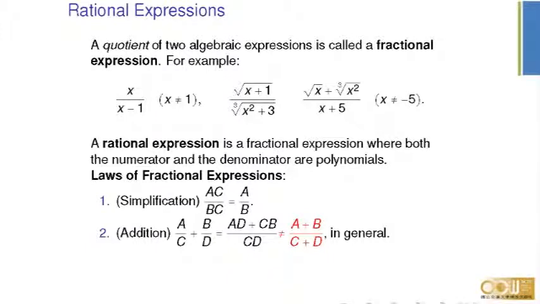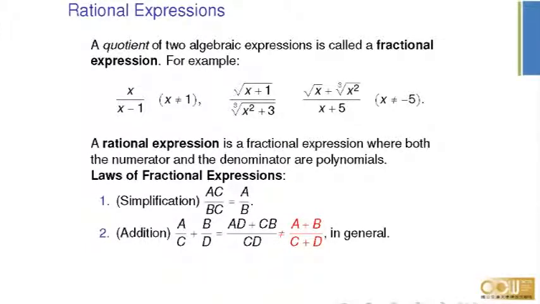We try to add A over C plus B over D. The easiest way is to change the denominator to CD, and for the numerator of the first one, I multiply by D. You see the first quantity here has the same factor D, so using the simplification technique, this pair becomes A over C, the same as our original one.